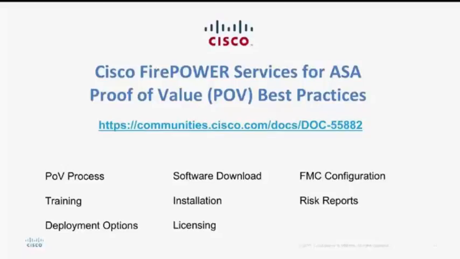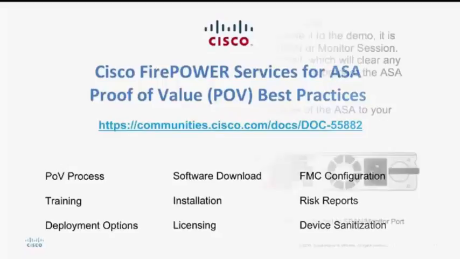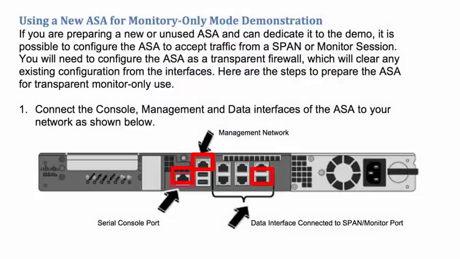How to run risk reports at the end of the POV when the eval is wrapped up, and then, of course, the all-important device sanitization. You do not want to be showing up to customer B with customer A's data still on the test gear. That would be less than ideal.